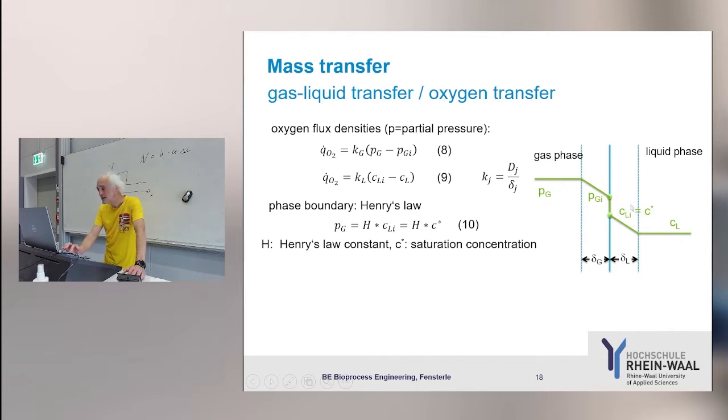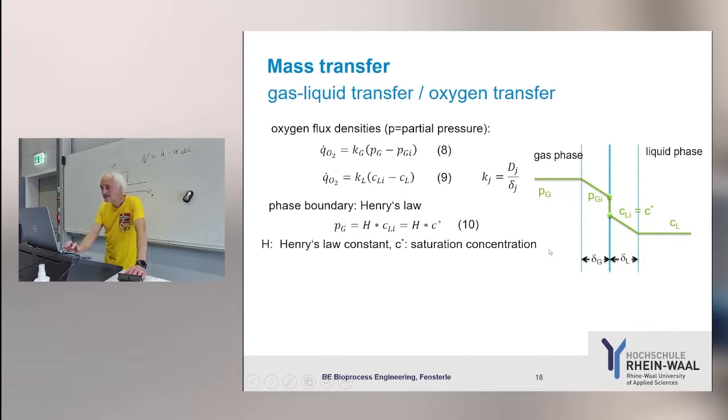And this saturation concentration depends on the concentration in the gas phase and the Henry's constant. That's similar to what we have done in the anaerobic experiment, how our ethanol measurement principle looks, in equilibrium. So here, this concentration in the liquid phase is the saturation concentration of oxygen in our gas phase.